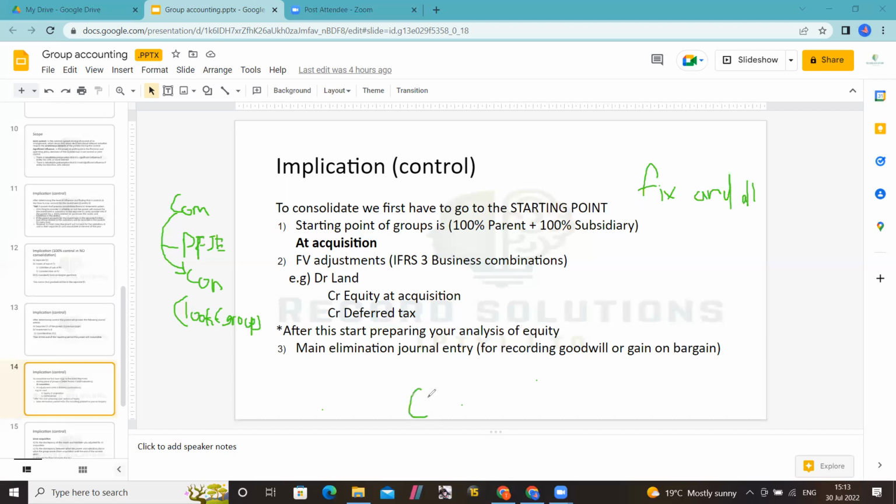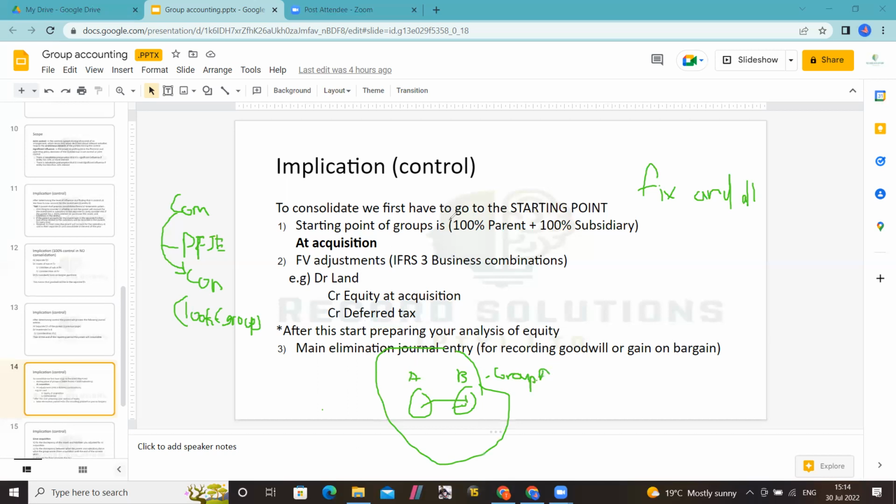So we have this entity A here and entity B here. So let's say entity A sells to entity B. And this is obviously on a group level. This whole group is the A group.